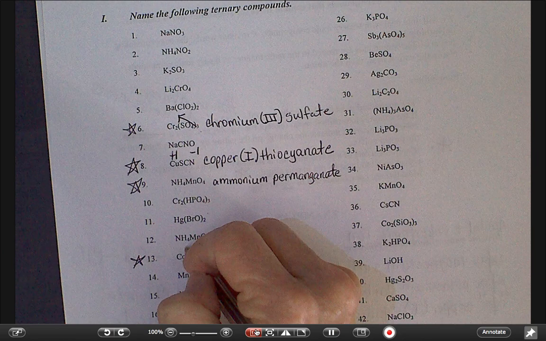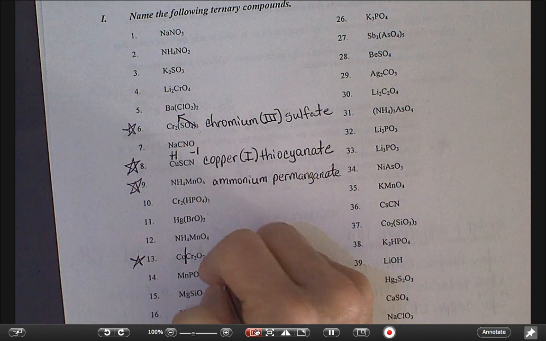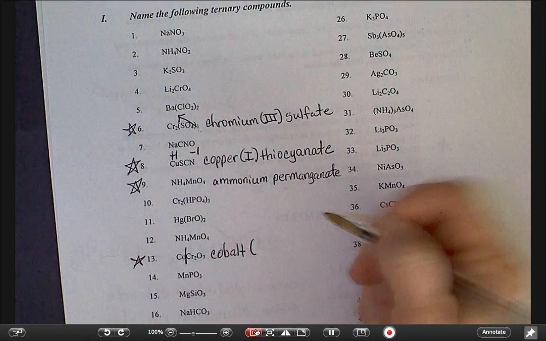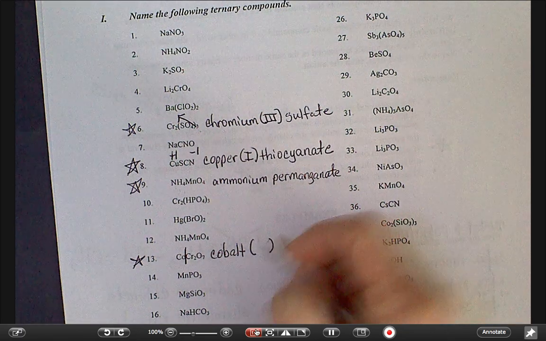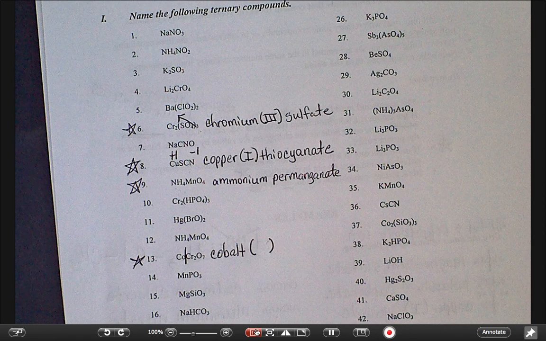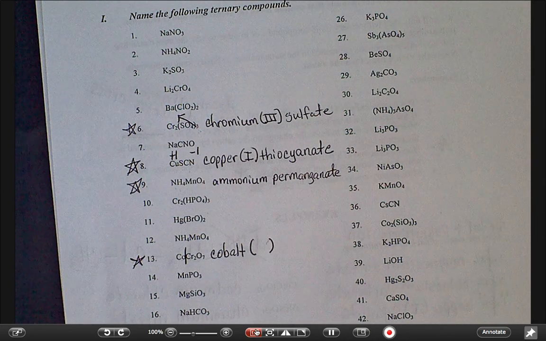Here's my metal. Who is it? Cobalt. So we know its name is cobalt. I know I have to have a parentheses. Go find Cr2O7 and find its charge because it's a 1-to-1 ratio with Cr2O7. How do I know? -2, so it has to be.